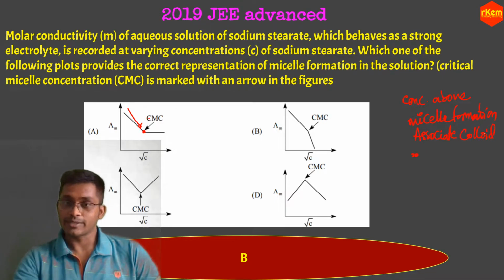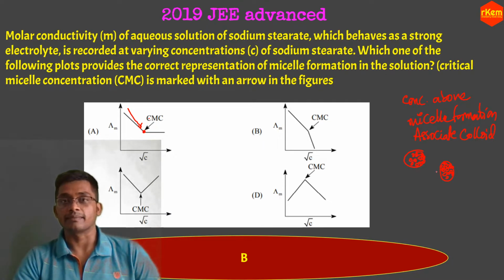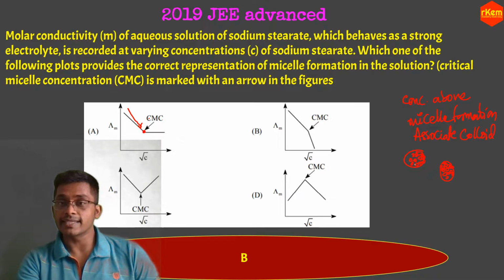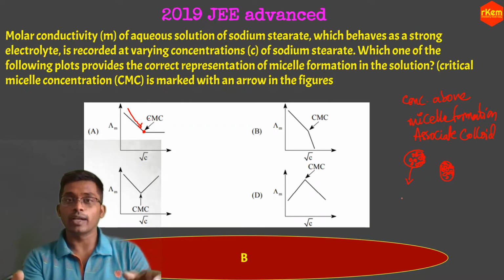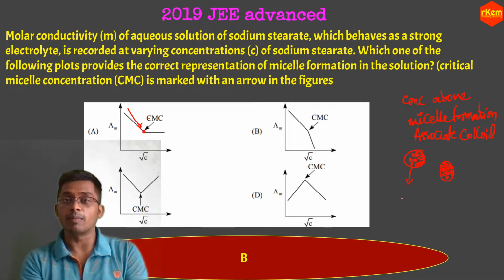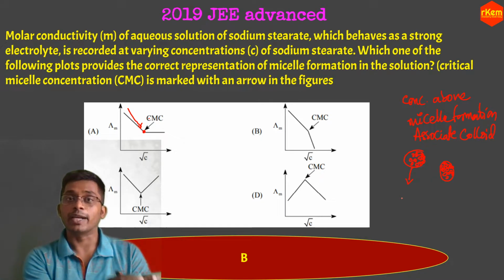They are associated colloids. In associated colloids, the particles are grouped and forming a colloid particle. So what is happening here? Number of particles are increasing or decreasing? Number of particles are decreasing because this is one colloid particle. Let's say 10 or 20 normal particles are forming a colloid particle.